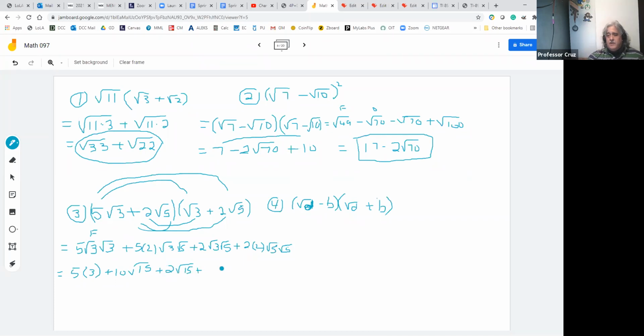And these are all positive. Plus, which is going to be 5. Okay. And this is 10 and 2, which is 12.